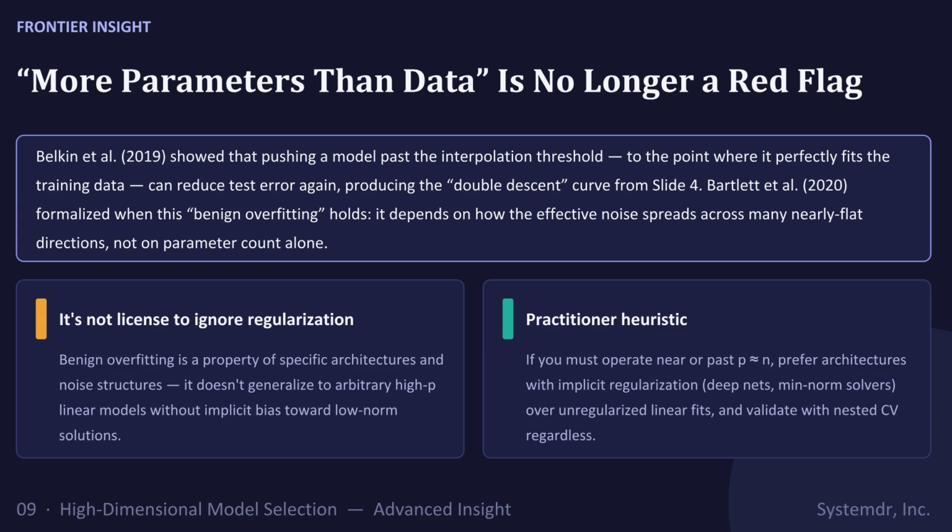The key technical condition, according to Bartlett's work, has to do with how variance spreads across the many near-zero eigenvalue directions of your feature covariance matrix, not simply how many parameters your model has.